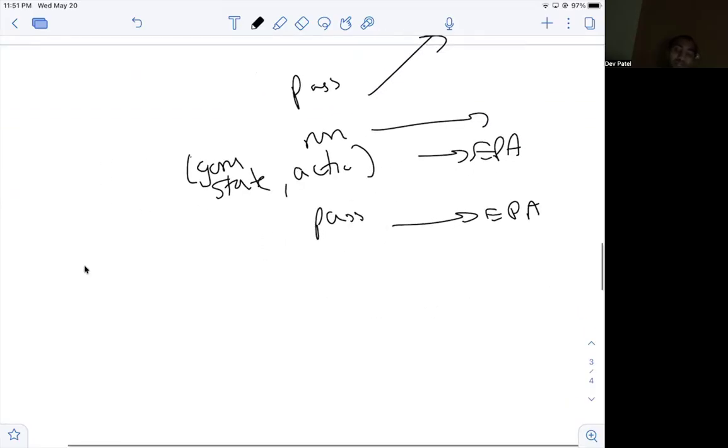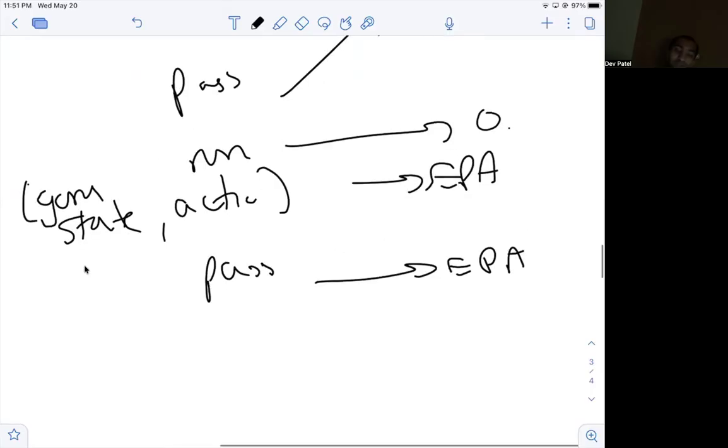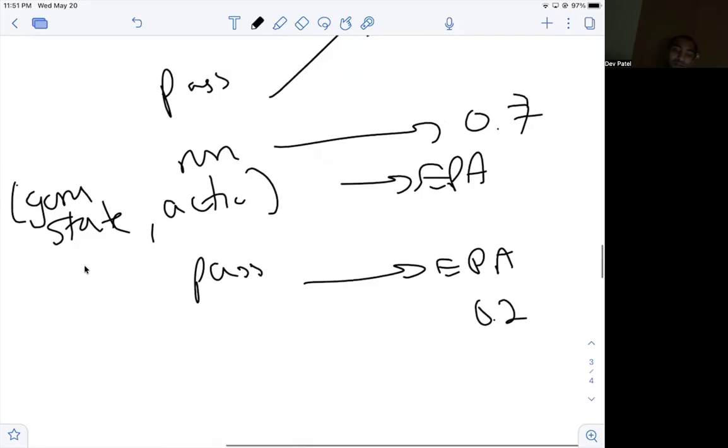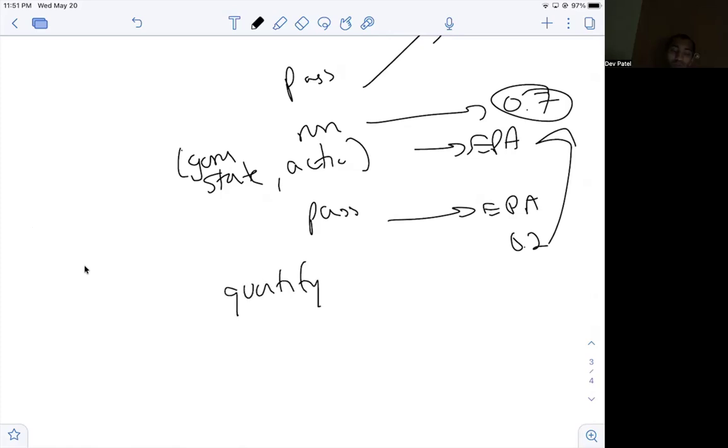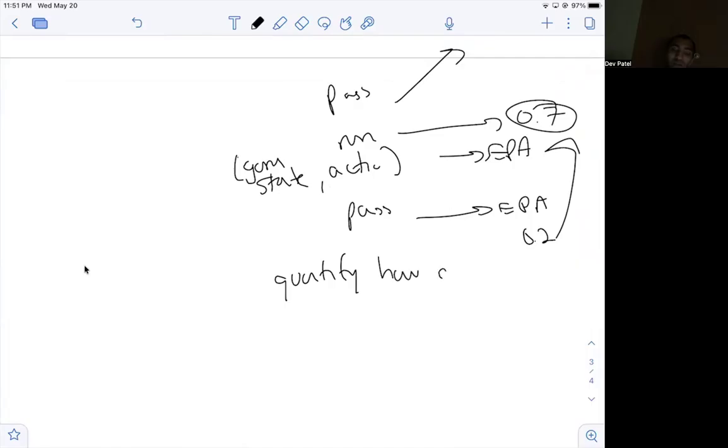Now, the difference: let's say a run gives a 0.7 EPA, a pass gives 0.2. So in this case, a run is better. Now, how much better? It doesn't need to be just a pure difference, but we can create a metric to quantify how much better the optimal play was.